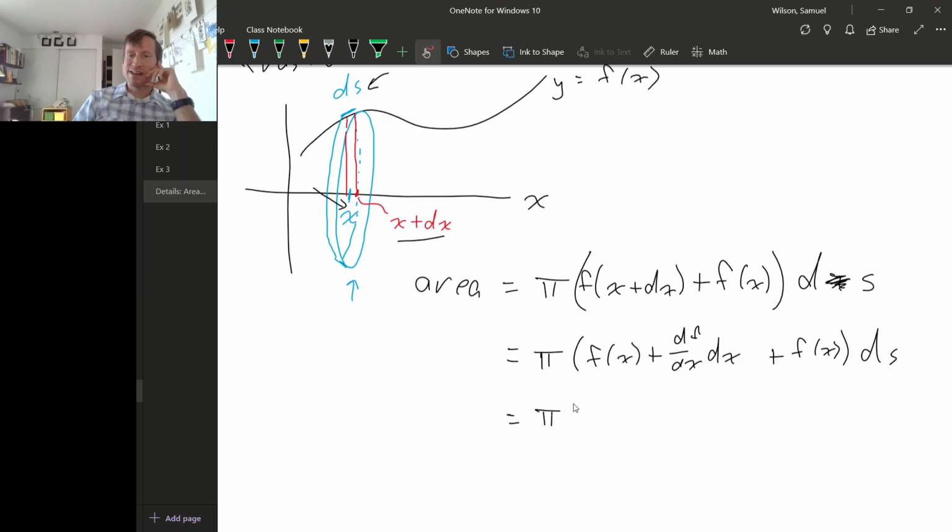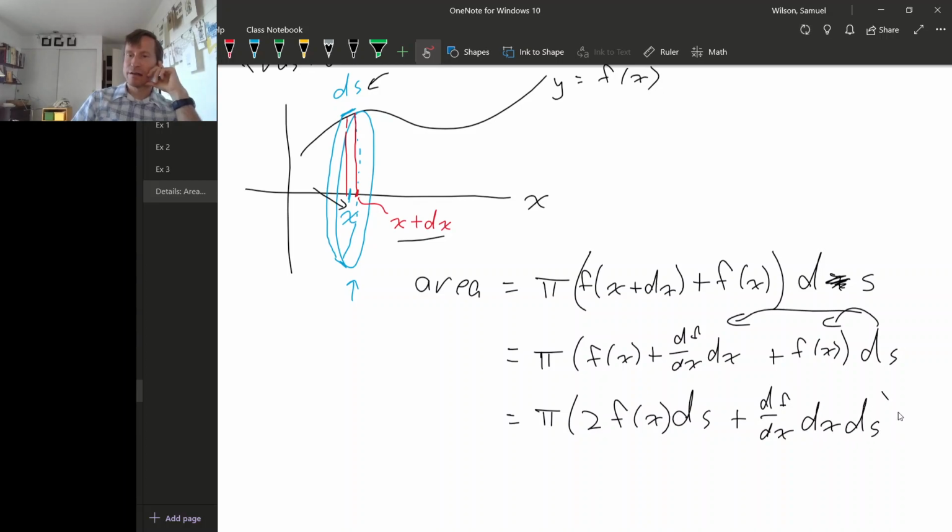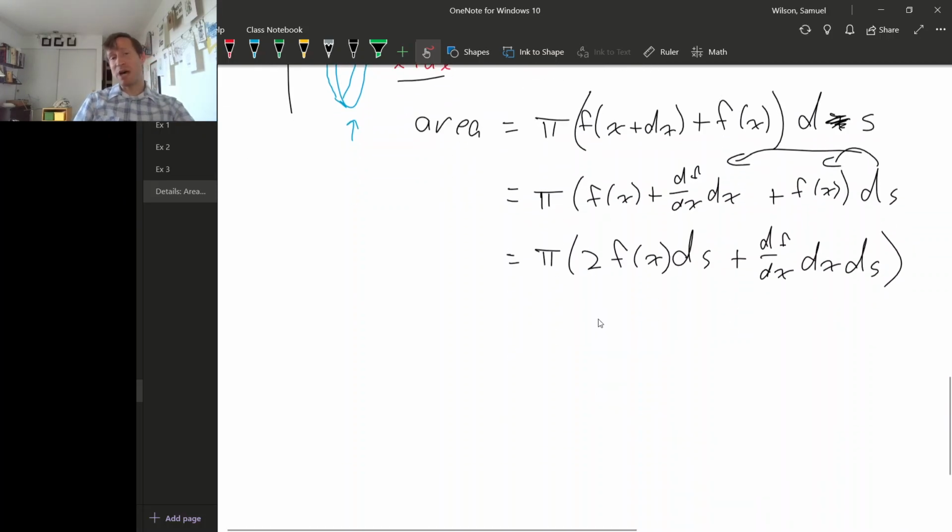So we get pi times, now we have two copies of f of x, so 2f of x. While I'm at it, I'm going to distribute my ds into this thing, so times ds plus df dx times dx times ds.